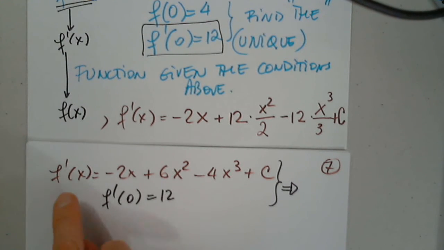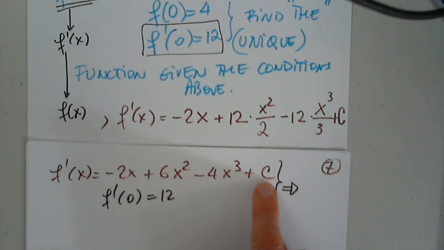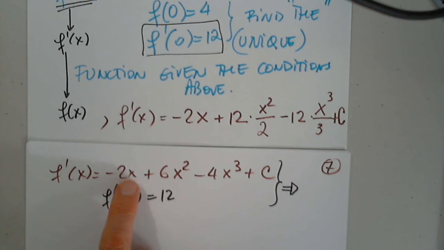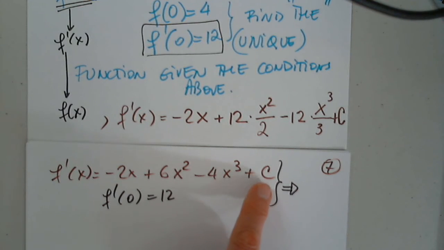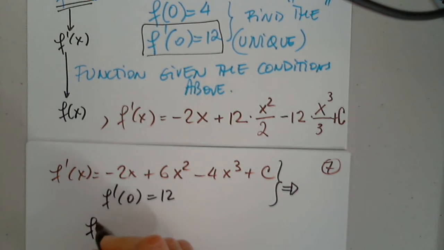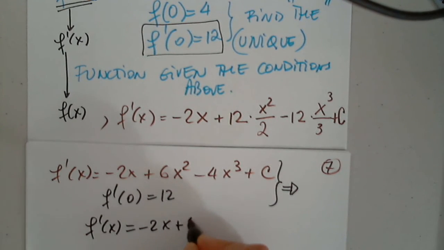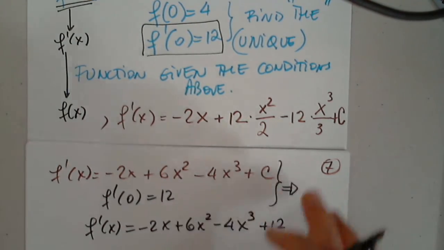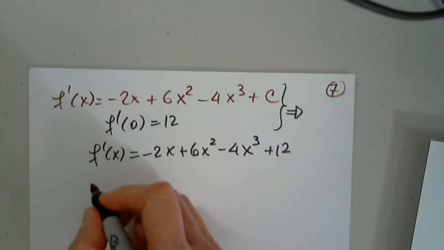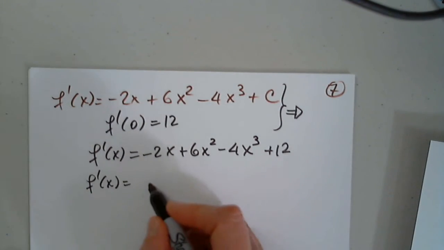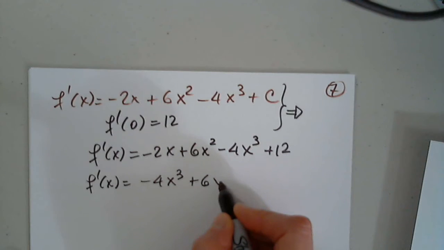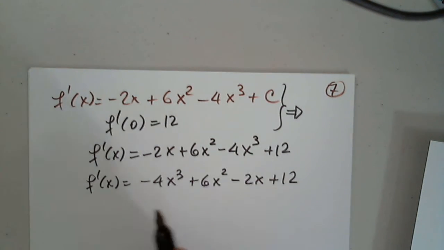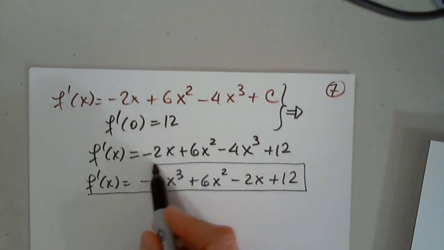I'm given this information to help me find c. So f prime of 0 gives c is 12. Very good. So f prime of x equals negative 2x plus 6x squared minus 4x cubed plus 12. In the correct order, f prime of x is negative 4x to the third plus 6x squared minus 2x plus 12.